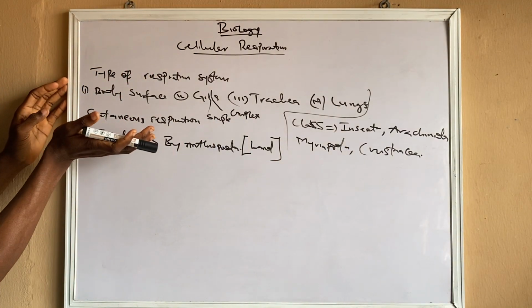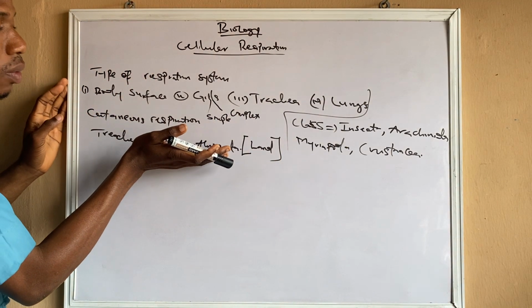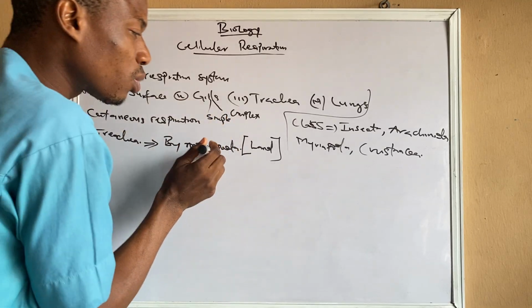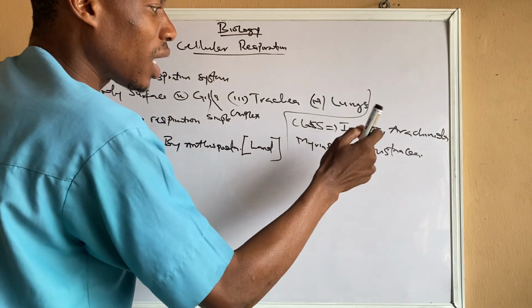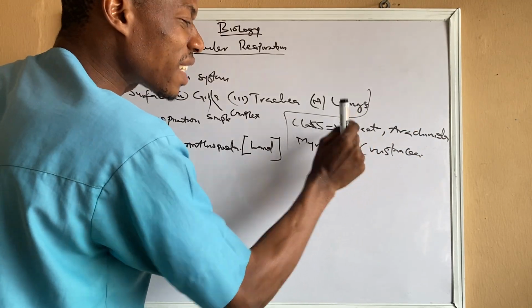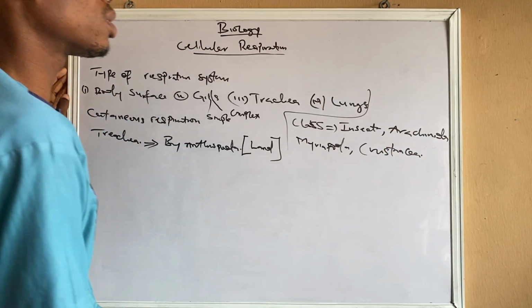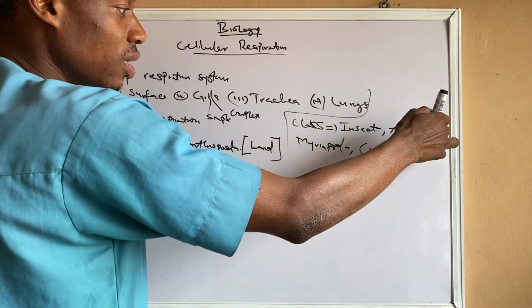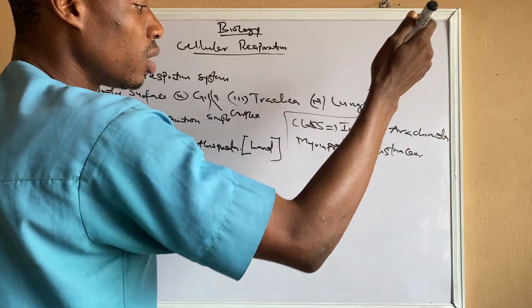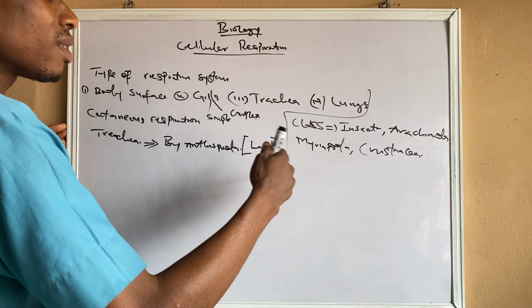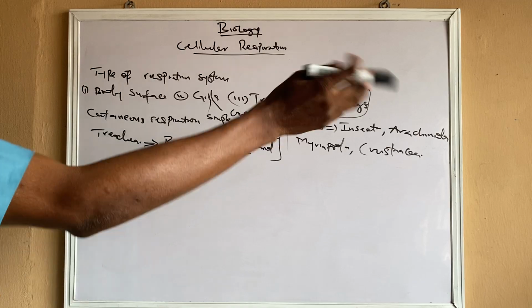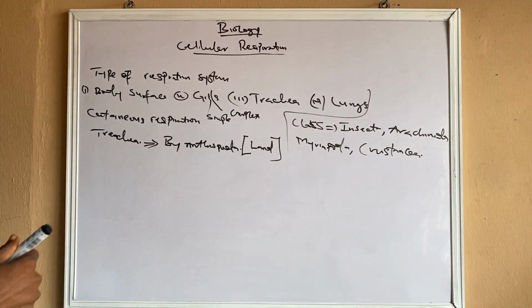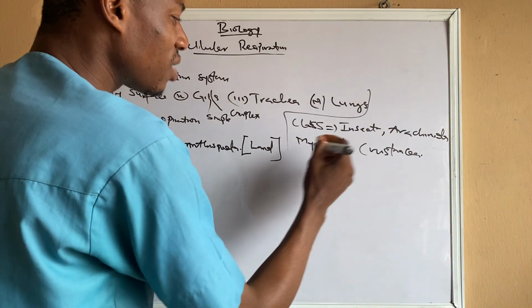Arachnida use book lungs, crustacea use gills, and they have different respiratory organs. So the insecta are the ones that are using trachea.